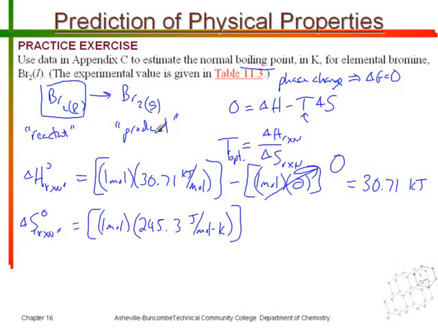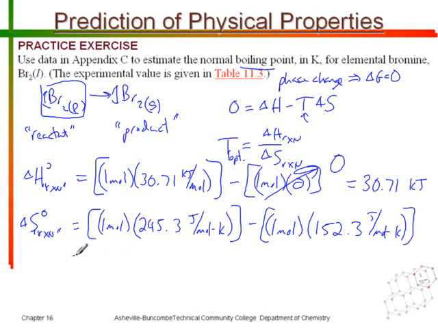The products: this would be the entropy for the vapor state of bromine, 1 mole. Again, 1 mole is just taken from the reaction as written, the molar coefficients. And then it's a liquid on the reactant side, so we would expect, and we do see, a decrease in the value for entropy. And if we plug those values in on the calculator, we get 93.0 joules per Kelvin, per reaction as written.